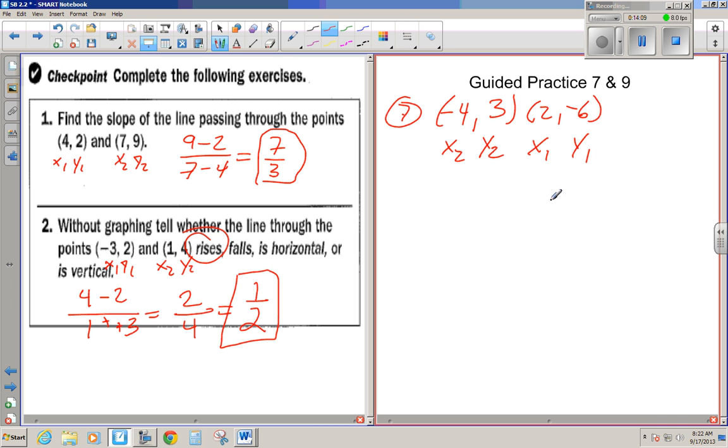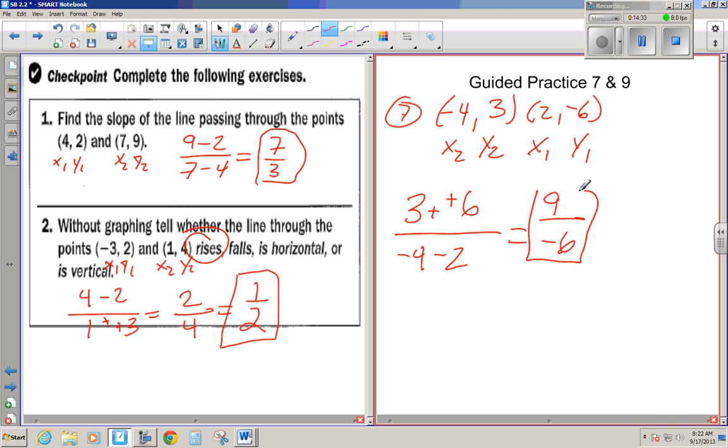If you switch the points around, the slopes will be the same. So the formula says 3 minus negative 6 divided by negative 4 minus 2. Well, 3 minus a negative is plus, so that's 9 divided by negative 4 minus 2, negative 6. So this result is a negative slope. So you would write false.